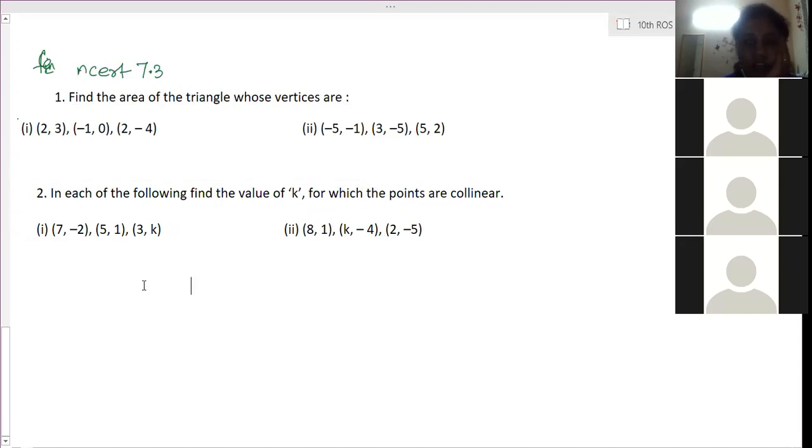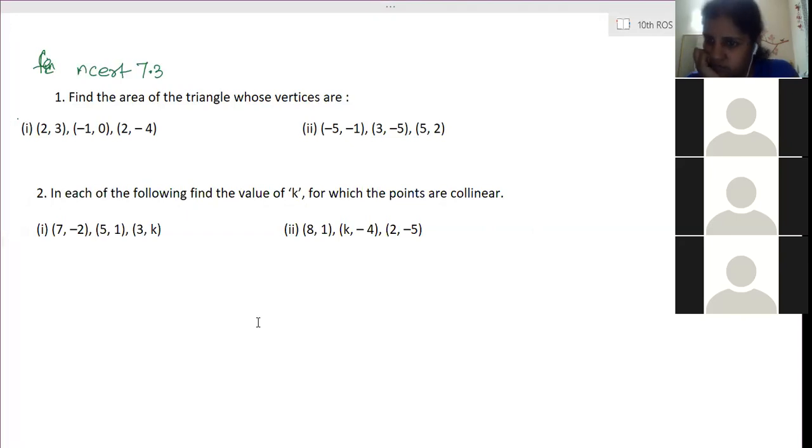Now the next type of question, the second question of NCERT. In each of the following, find the value of k for which the points are collinear. What do you mean by collinear? When they form a straight line. So if they are forming a straight line, are they enclosing any figure? No, ma'am.